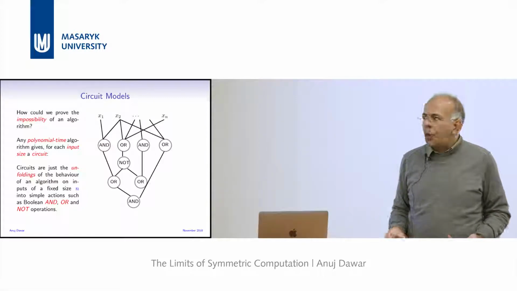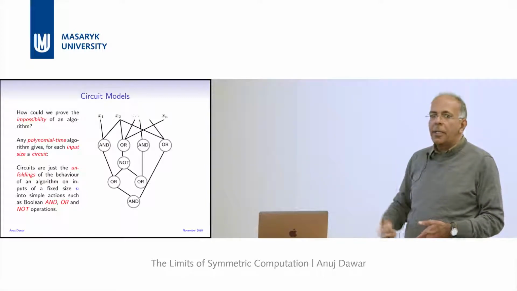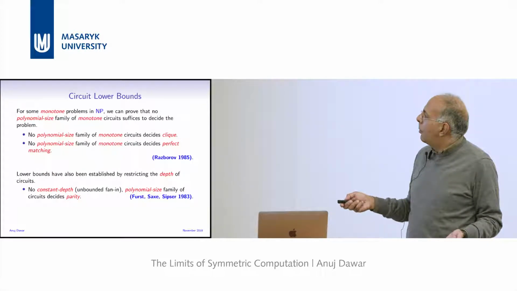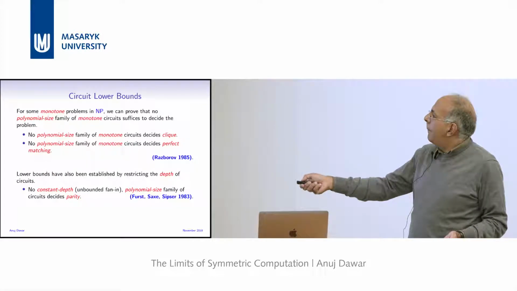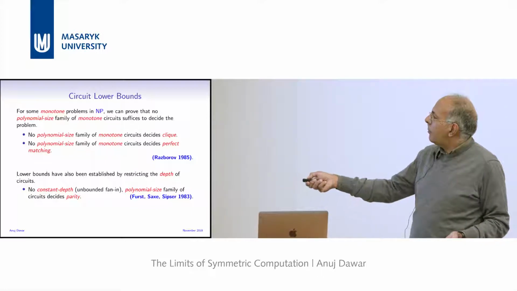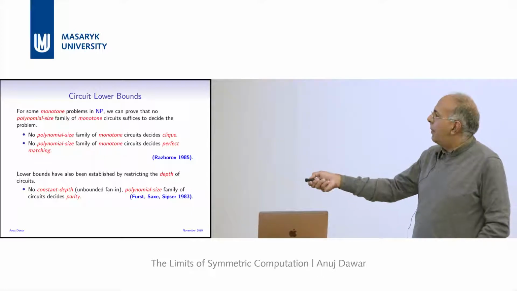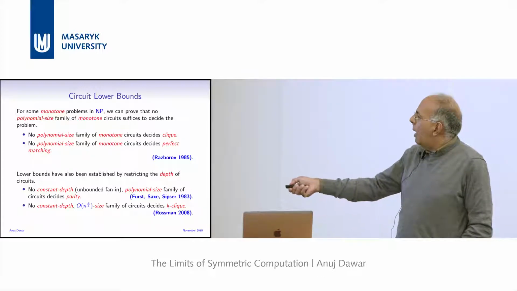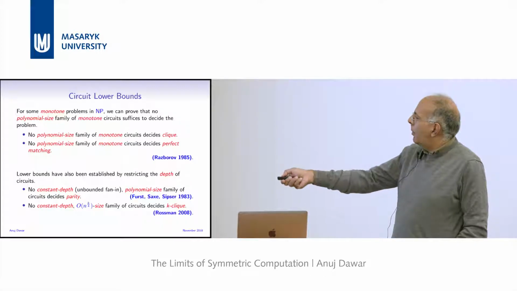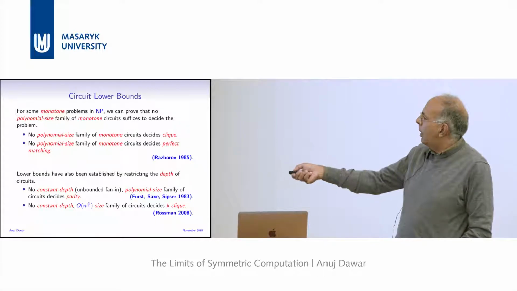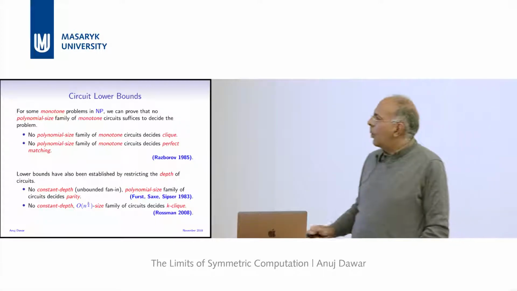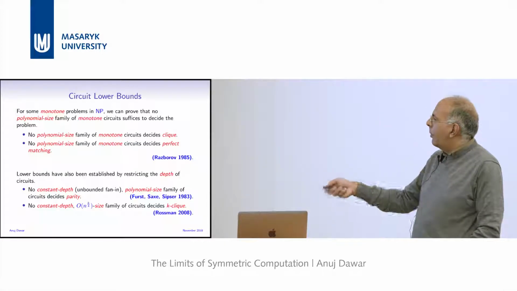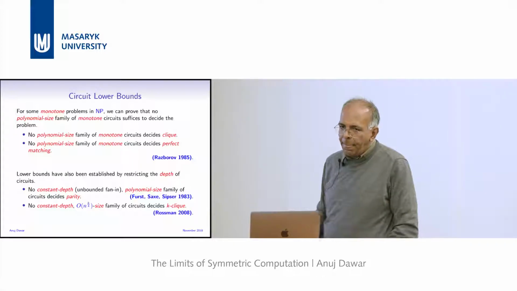Putting a depth bound is a stronger restriction. We say that the depth of the circuit is, say, bounded by a constant. And in that case, we can prove that, for example, no constant depth polynomial size family of circuits decides the parity function. And Rossman gave a rather surprising result for the k-clique function, showing no constant depth, size n to the k over 4 family of circuits decides k-clique.